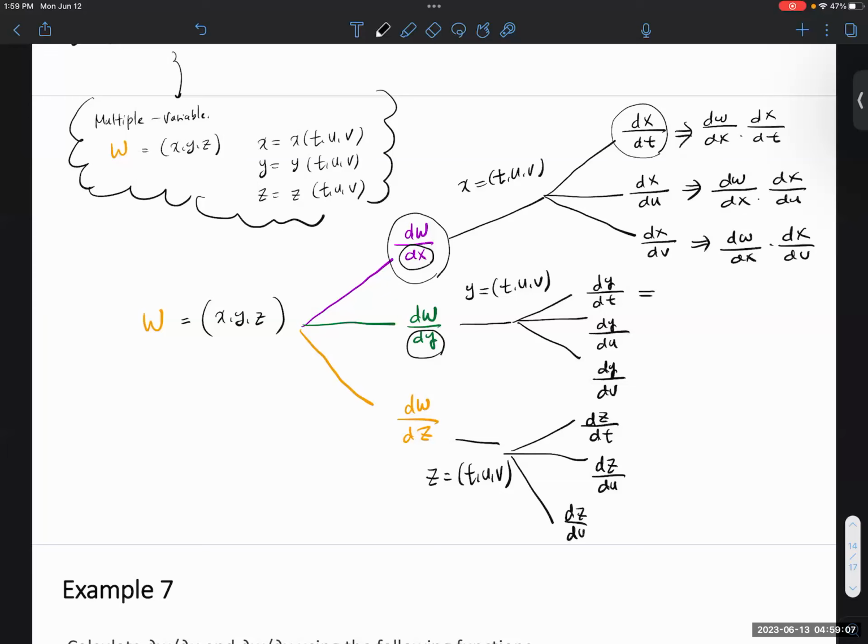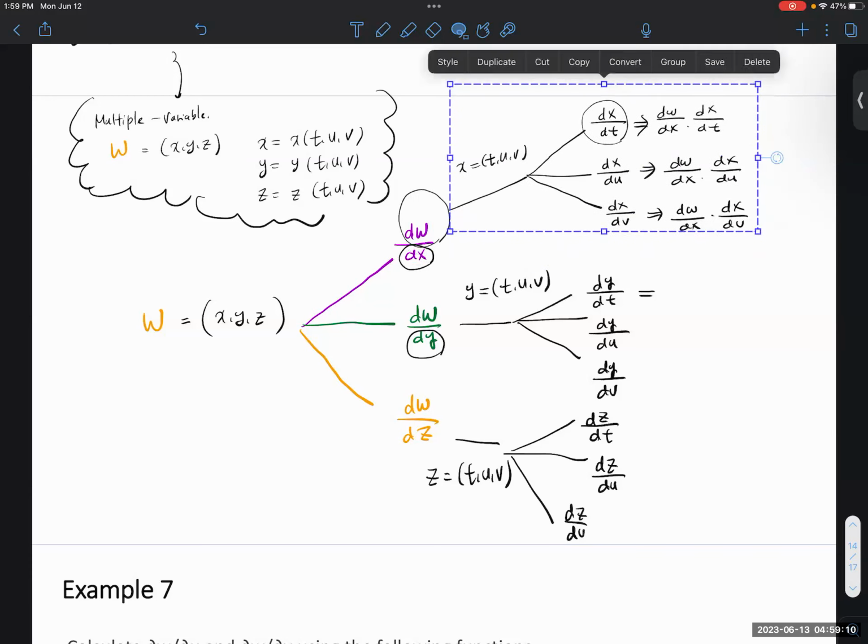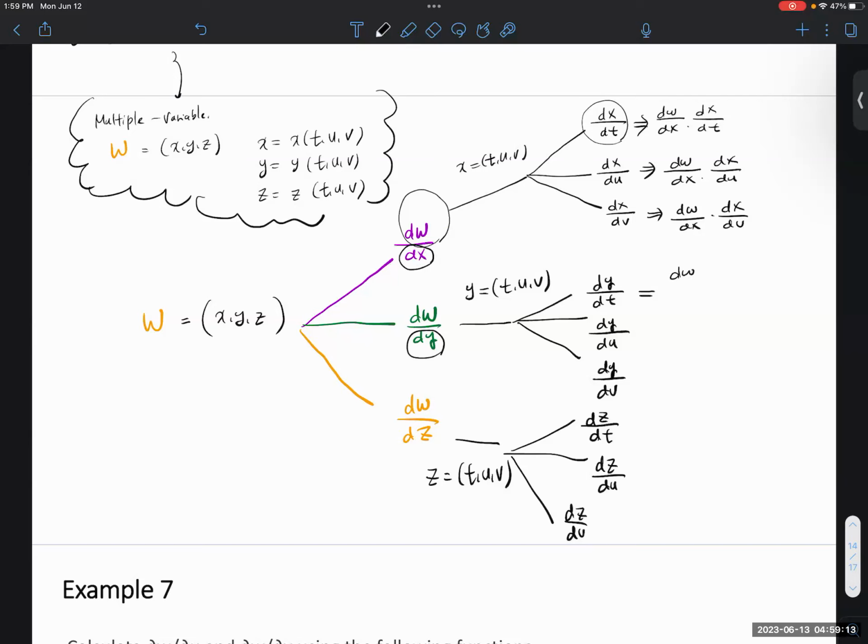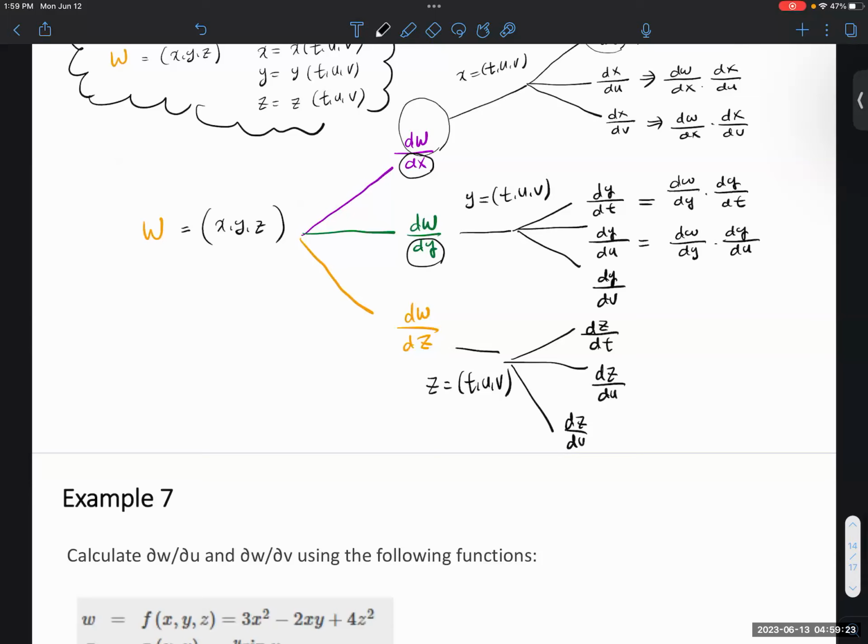What happens next? dw over dy times dy over dt, dw over dy times dy over du, and dw over dy times dy over dv. Keep going. What is the last part? dw over dz times dz over dt, dw over dz times dz over du, and the last one, dw over dz times dz over dv.